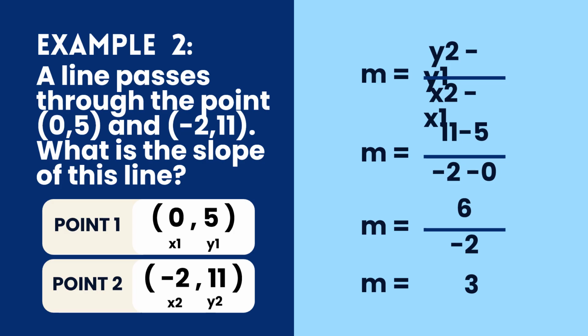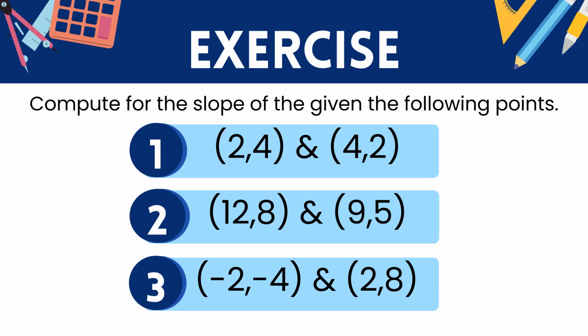When we simplify these, we get 6 over negative 2. Well, 6 divided by negative 2 is negative 3. So our slope would be negative 3. Now using the formula, y2 minus y1 divided by x2 minus x1, solve for the slope of the following points.